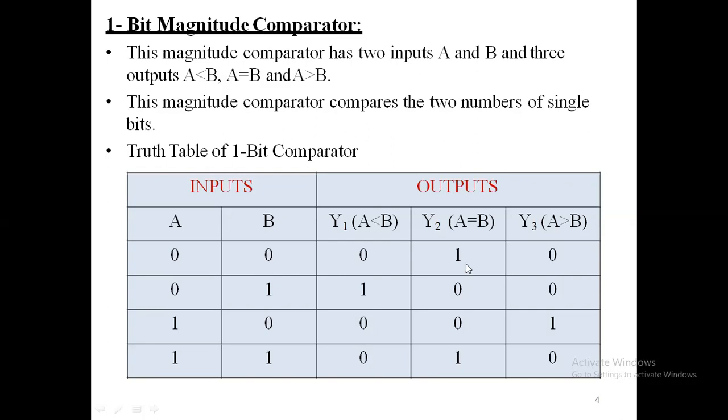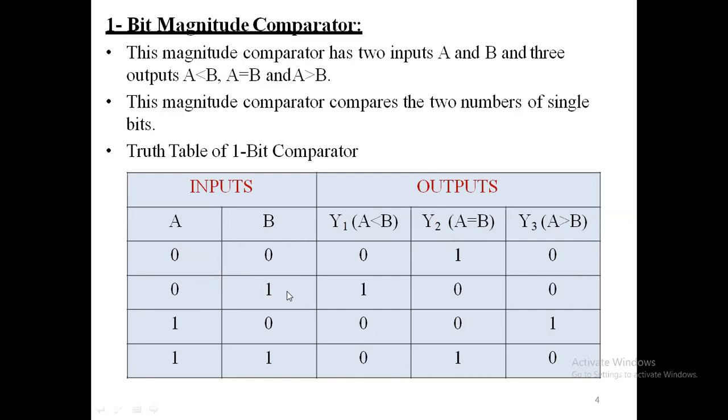Next, Y2, that is A equal to B. 0 is equal to 0. The condition is true, so we make it 1. 0 is equal to 1.